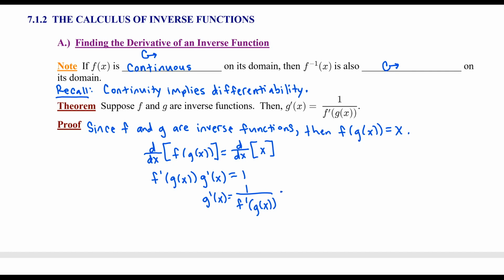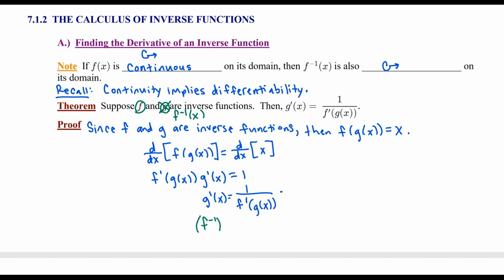Now, to clarify this a little bit, notice we started with the assumption that f and g are inverse functions. Let's go ahead and rewrite this formula using inverse function notation. So instead of using g, let's rewrite it as f inverse of x. Where I see the g, I'm going to replace it with f inverse.